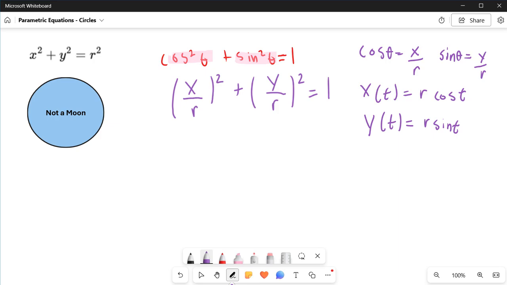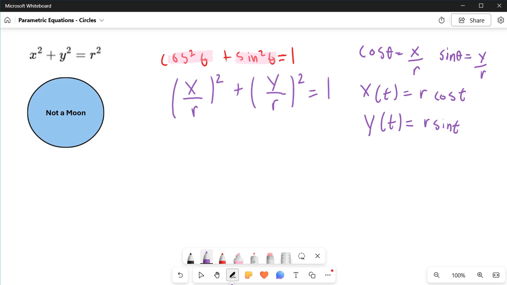But as you increase theta, that means that it's moving in a counterclockwise motion. But notice this, because cosine is squared, that means that it could have been negative, and the sine squared is also a squared term, so that means that it can also be defined as negative.